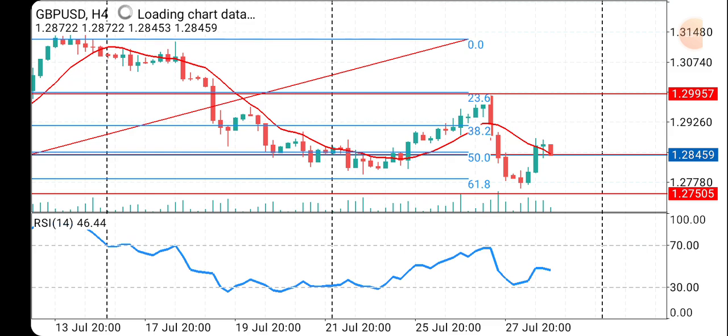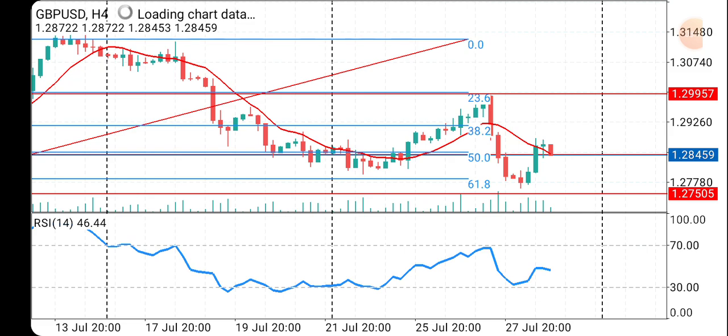for us to determine our buy decisions. You understand? We have seen from the weekly perspective and the daily perspective that the market is trending to the upside, and the last candle on the 4-hour chart shows there will be a bit of retracement, at least from the 50% down to the 61% Fibonacci retracement.